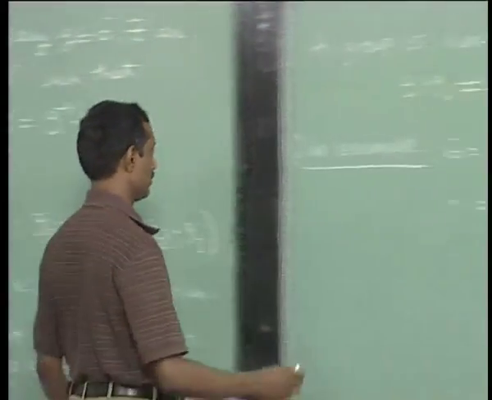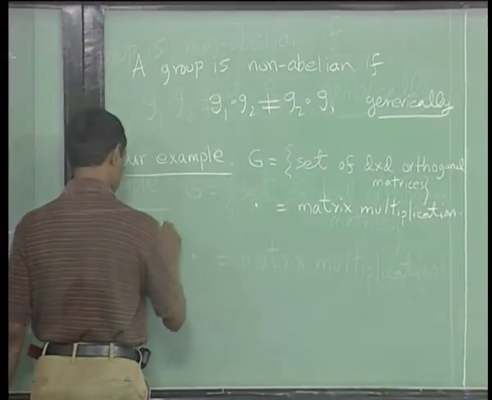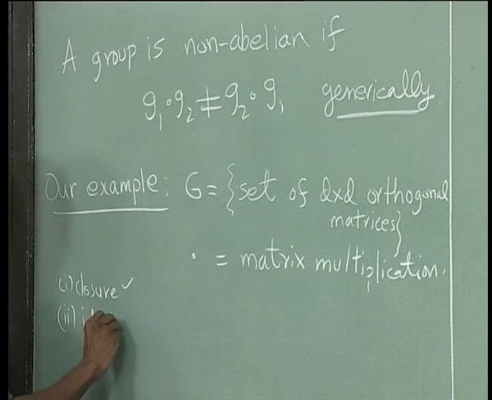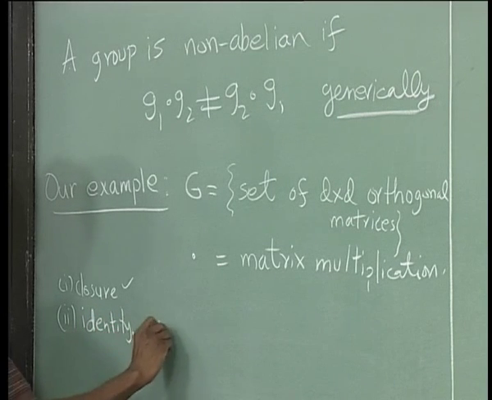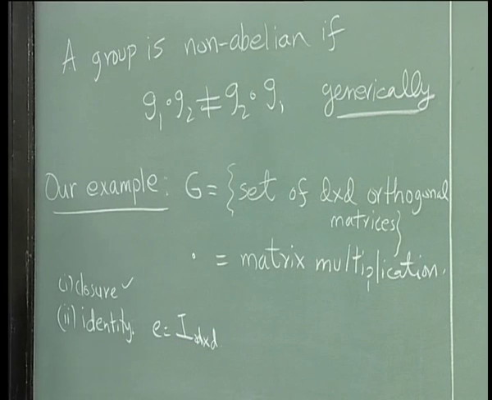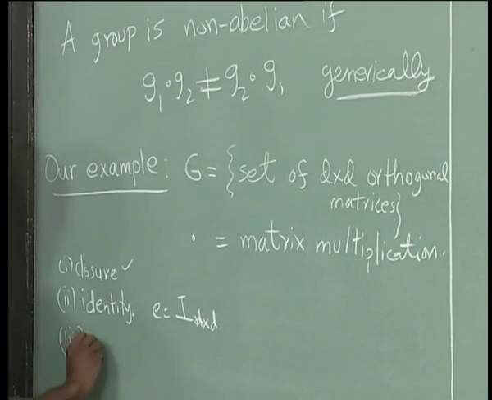So closure works. What about the identity element? E is nothing but the identity matrix, D by D identity matrix. Okay. Inverse obviously exists.